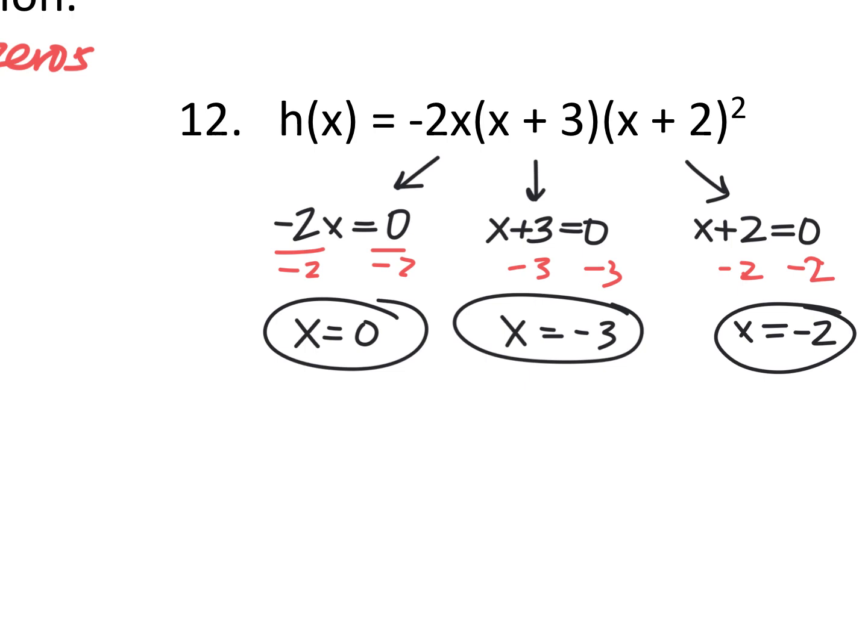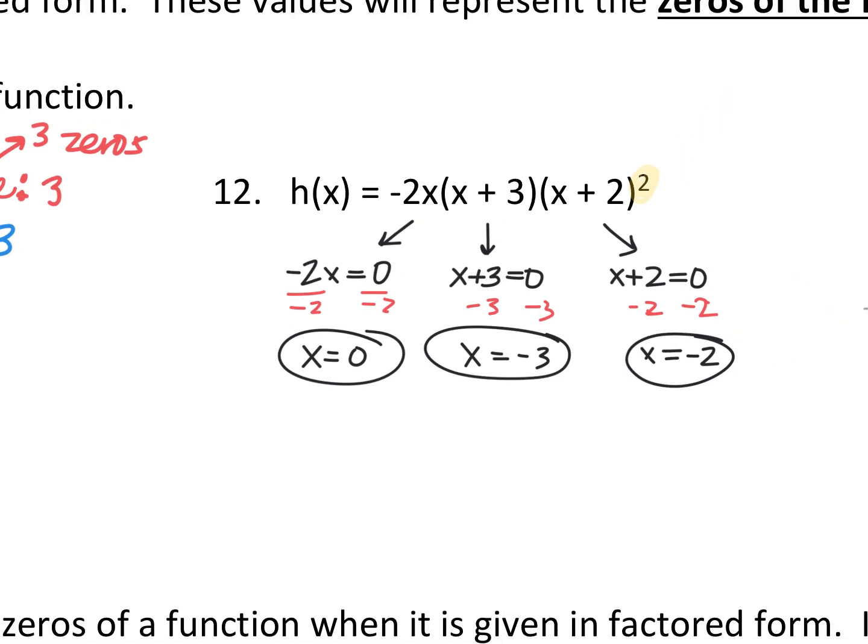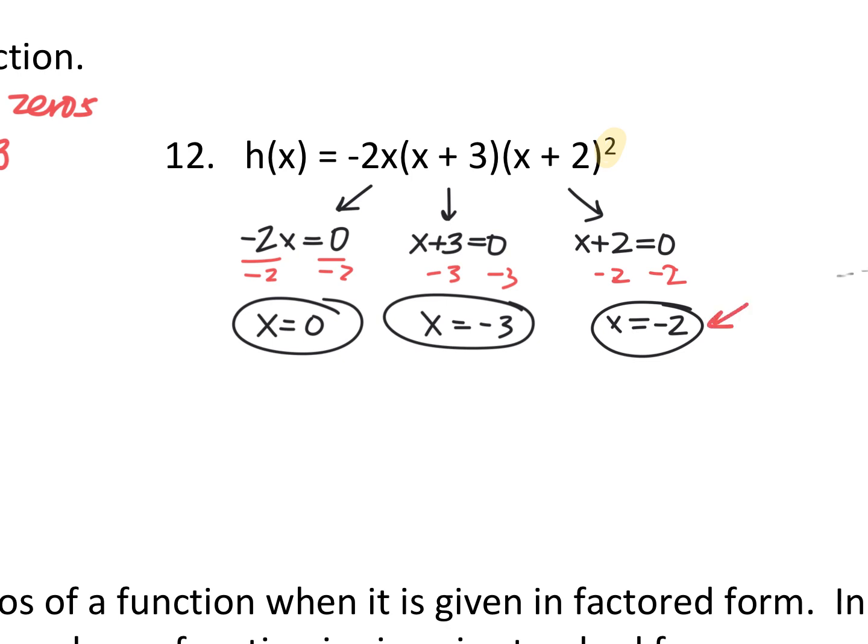All right, do you see this squared? What do you think that means? It actually means that there are 2 of these because of the exponent of 2. So you actually have 4 zeros. It's just that you get 2 answers of -2, which we don't usually list out.